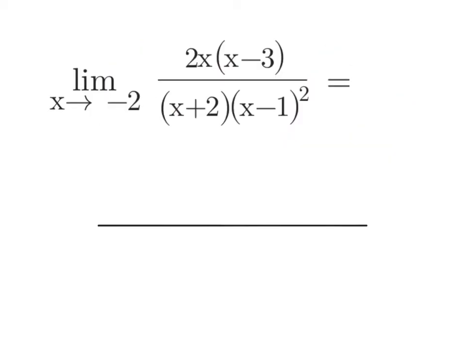So let's take a look at one that's a little bit more complicated. The limit as x approaches negative 2 of 2x times x minus 3 over x plus 2 times x minus 1 squared. All right, first, we could probably guess and be accurate as to what this limit is going to be. We're looking at the limit as x approaches negative 2.